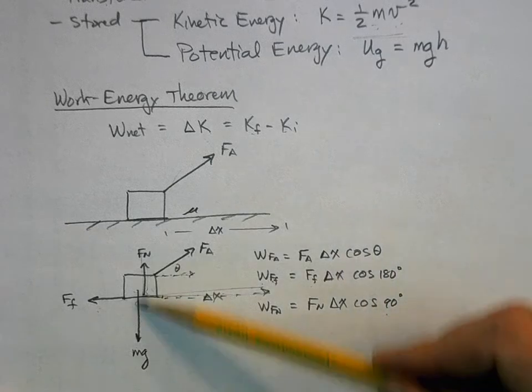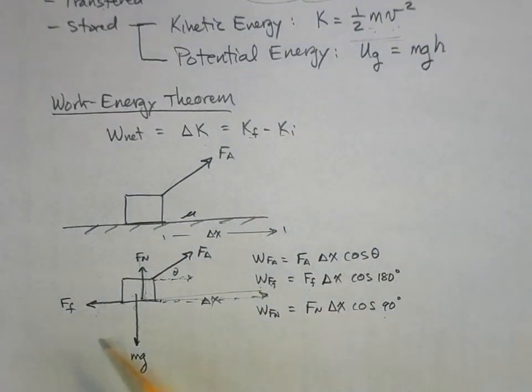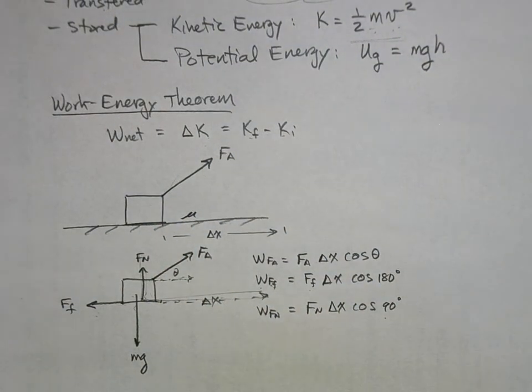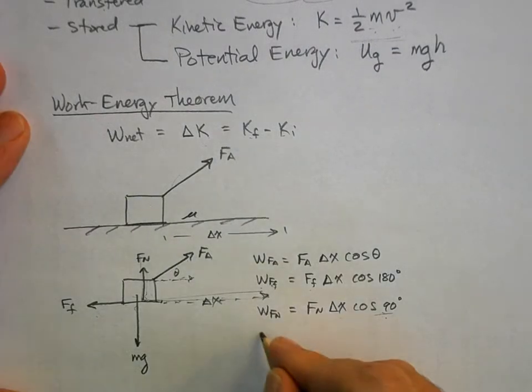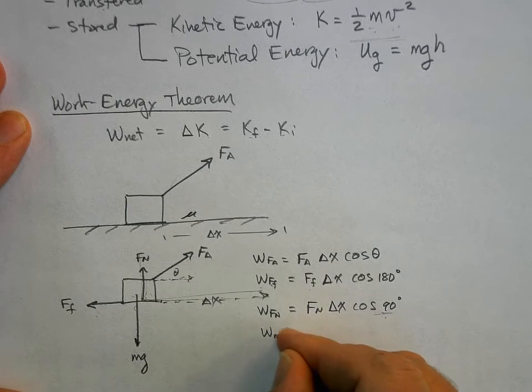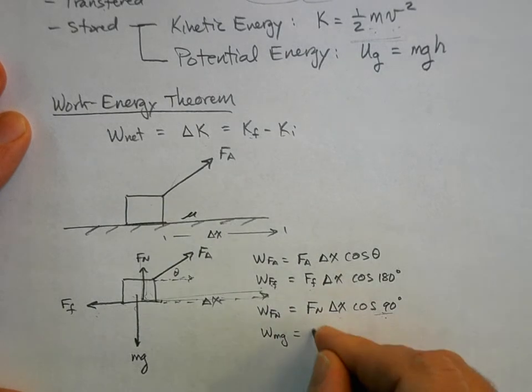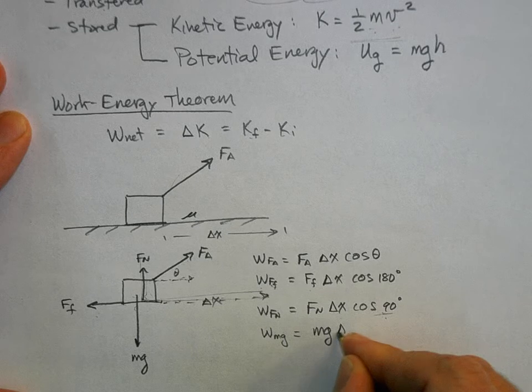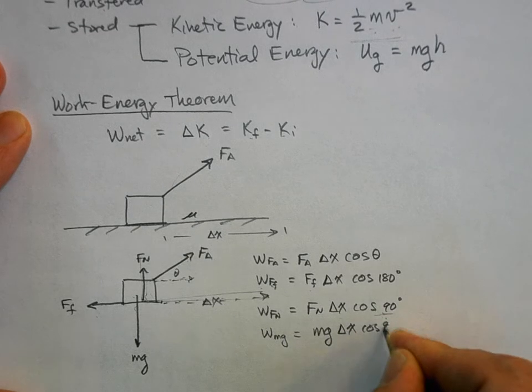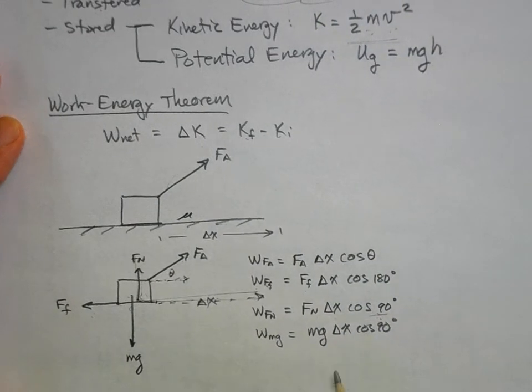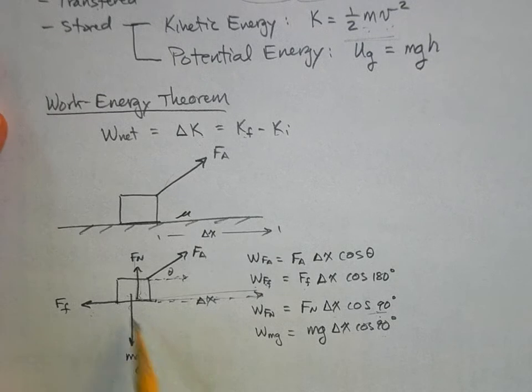The normal force is a vertical force in this case, and so it's not doing any work in this problem, because the angle is 90 degrees, cosine 90 is 0. Whenever the force is perpendicular to your displacement, that force isn't doing any work. So therefore, the work done by gravity, well, that would be mg times delta x times the cosine of 90 degrees. It's also equal to 0. So gravity's not doing any work on this problem.